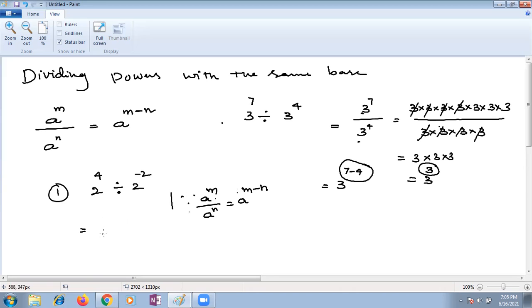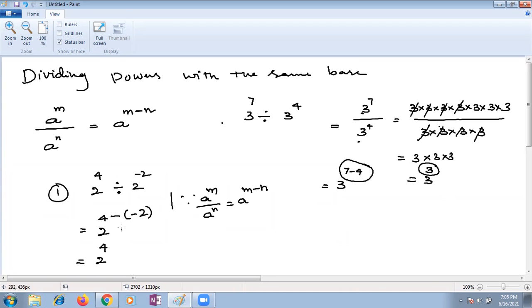Very good. So 2 to the power of 4 minus of minus 2. Excellent. The answer is 2 to the power of 6.